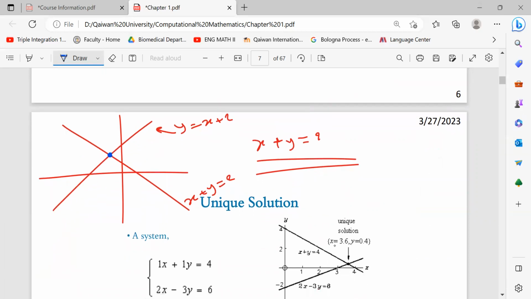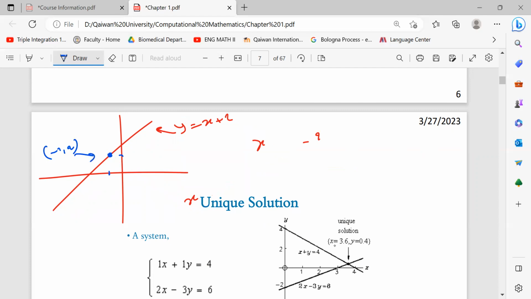The system consists of these two equations. These two equations together is a system, and the solution for that system is that point, x coordinate and y coordinate of that. Yes, it's -1 and 2. So this point is the solution for that system.